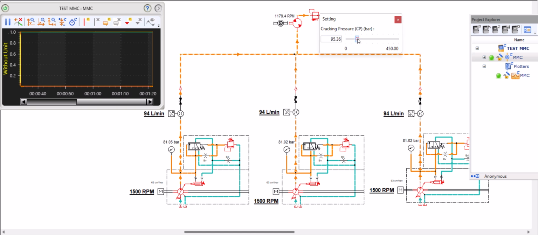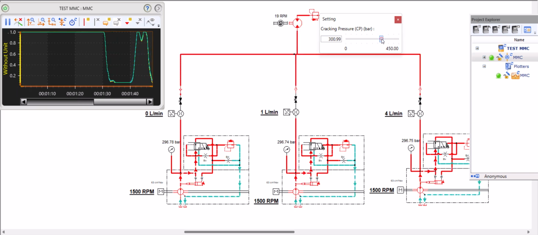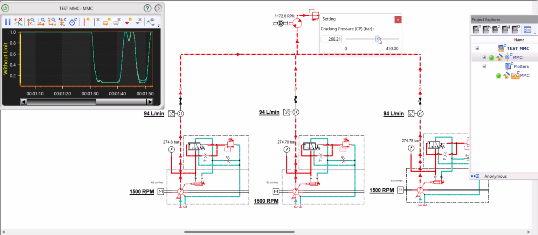As I change the load, you can see because the pressure is set at 280, I have to go above that particular pressure to make a change. And now you can see that plate movement is happening. There is a change in flow. All the three SwashPlates are moving.